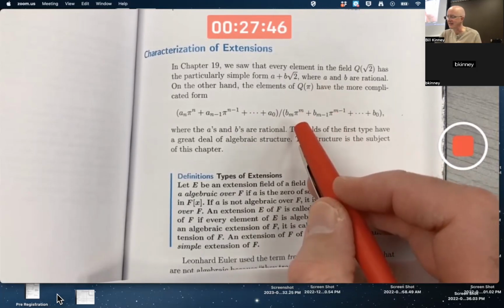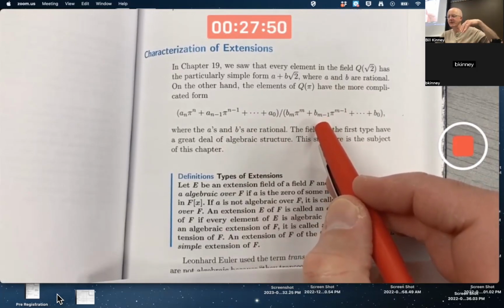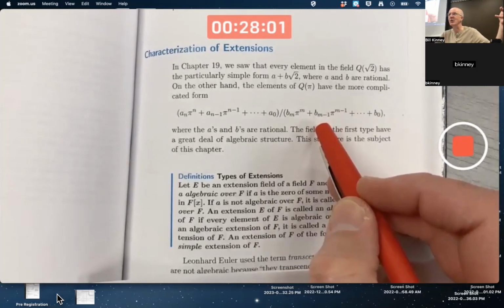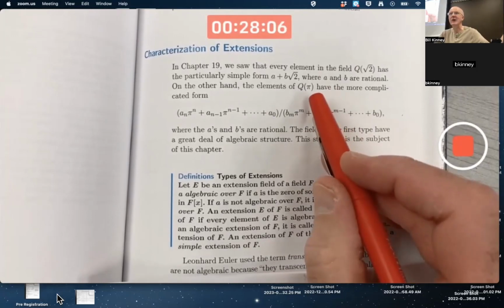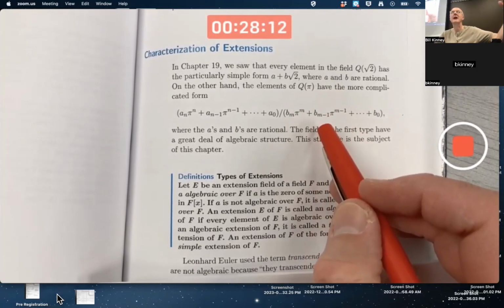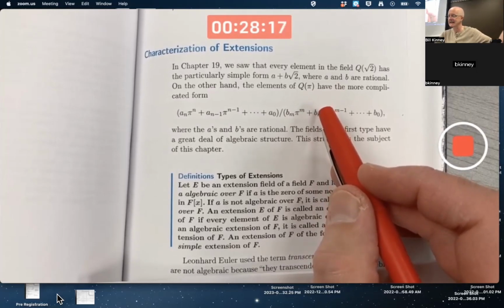Say it again: that expression is effectively a rational function, a ratio of two polynomials, where the a's and b's are all rational numbers, and you replace the x with pi. Plug pi into the rational function. The set of all such numbers that you can create in that way turns out to be the best way to describe Q adjoin pi. So we'd have to talk about rational functions. We have to go beyond polynomials if we're going to understand transcendental extensions.